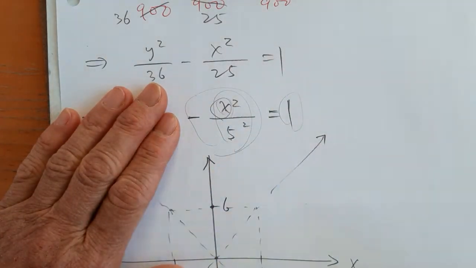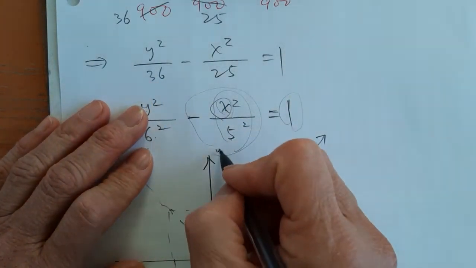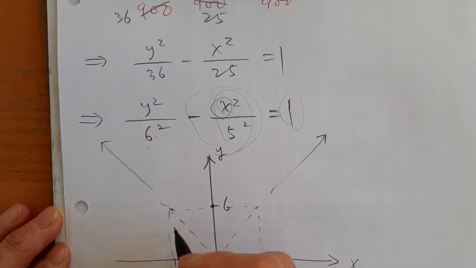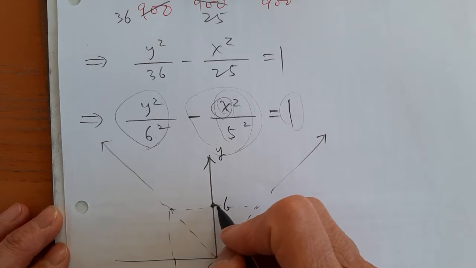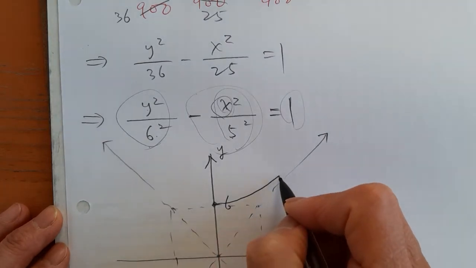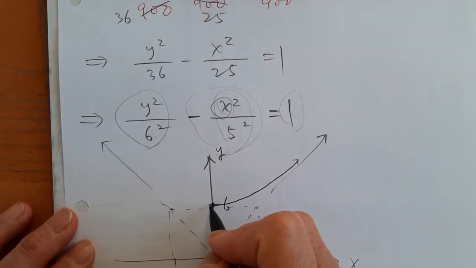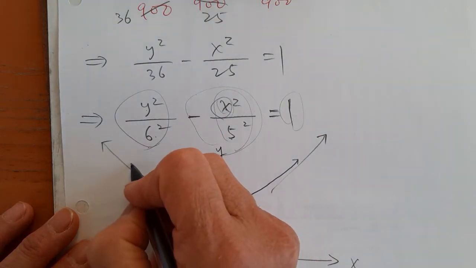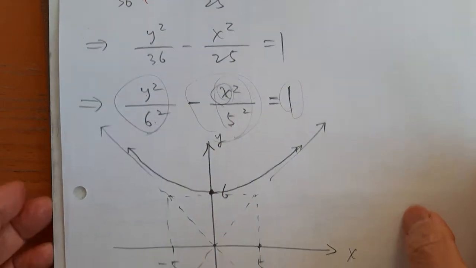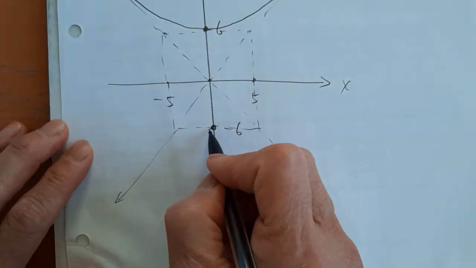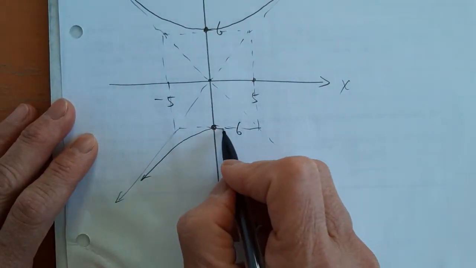It's an imaginary number, not a real number. So there's no x-intercept. There is a y-intercept. So the graph goes through the y-axis, through this y-intercept, and then through that y-intercept draw the curve, gradually approaching the two lines. The two lines we call asymptotes.